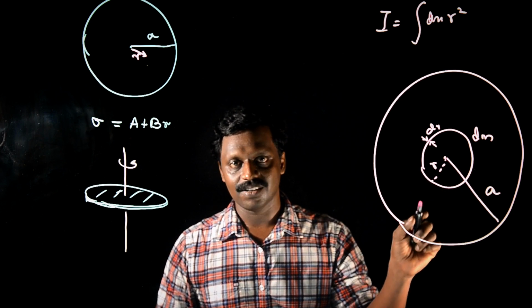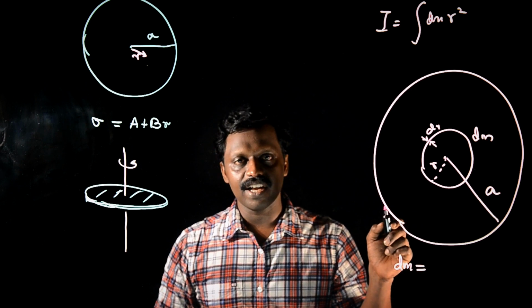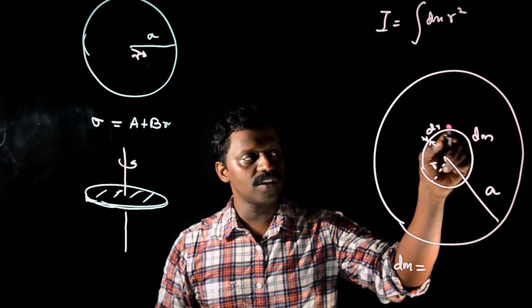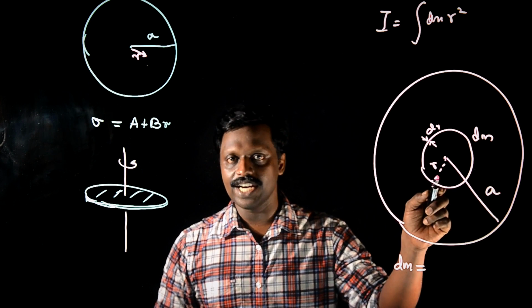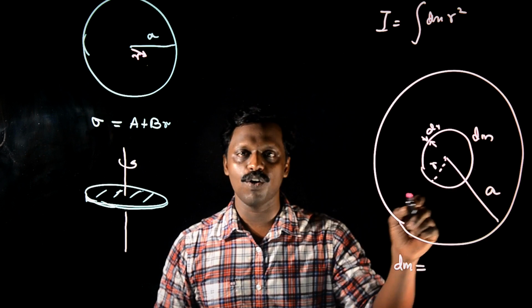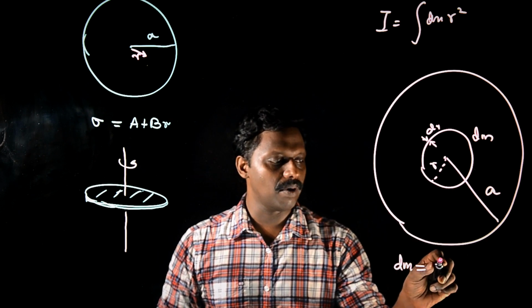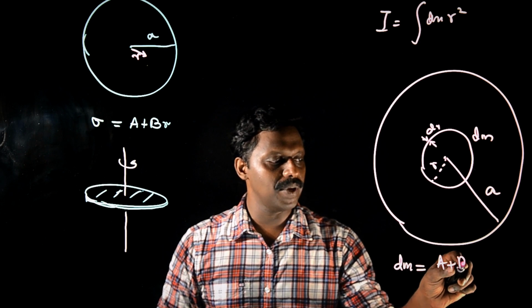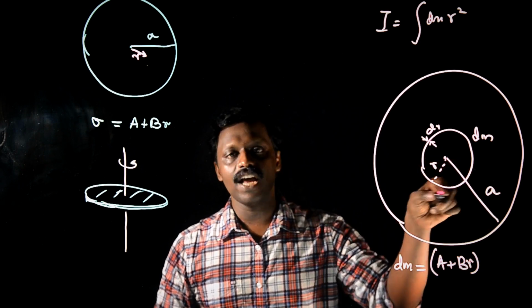Since the areal density of the disk is given, we can easily calculate the mass of this strip. So dm is equal to areal density, that is the surface mass density, multiplied by area of this strip. So the surface density is sigma, which is A plus BR, multiplied by the area of the strip.